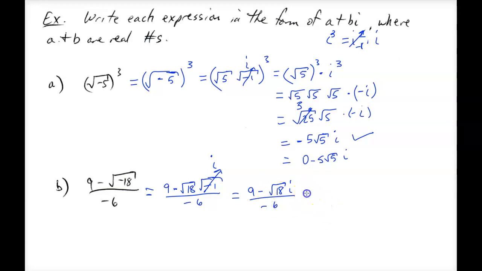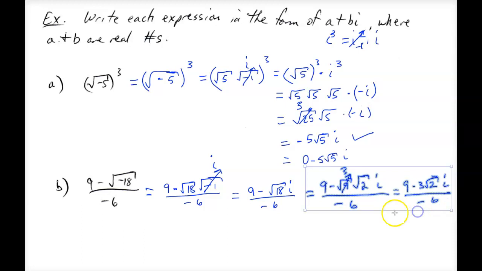And then from here, we know that the square root of 18 is the same as the square root of 9 times the square root of 2. The square root of 9 is just 3. So we have 9 minus 3 times the square root of 2, i, divided by a -6.